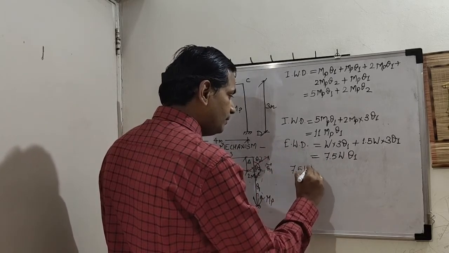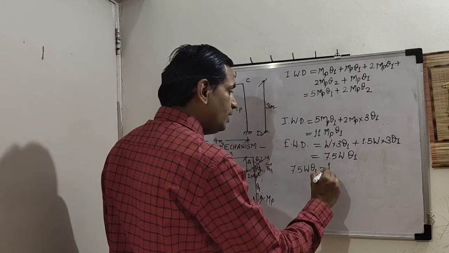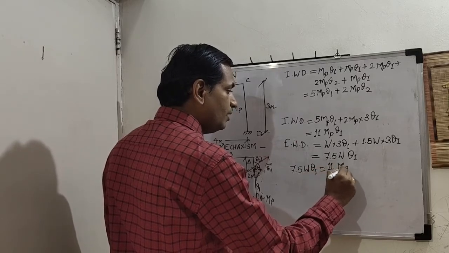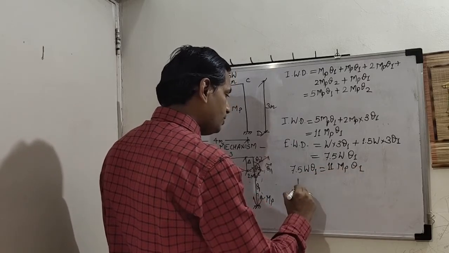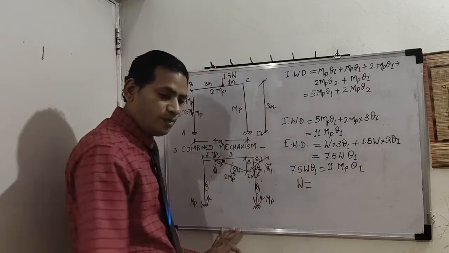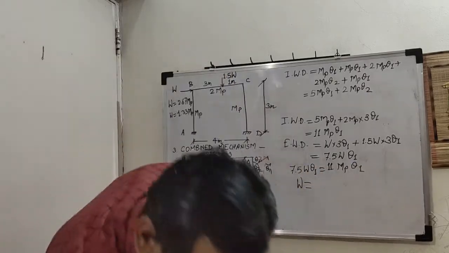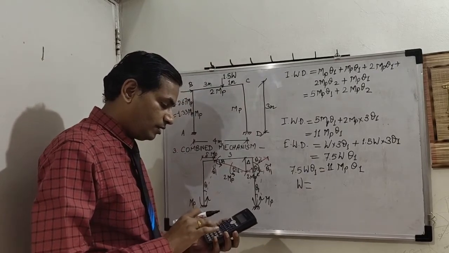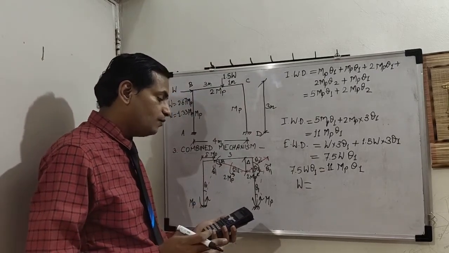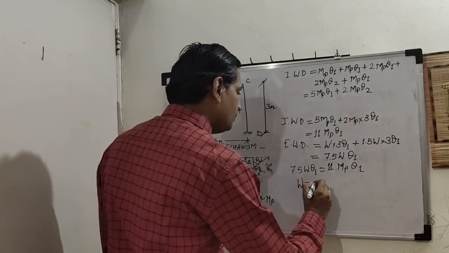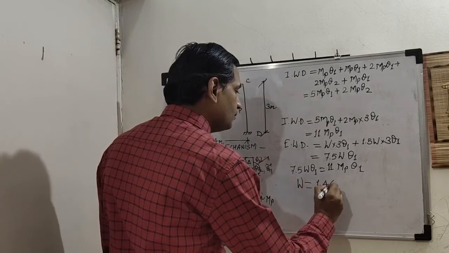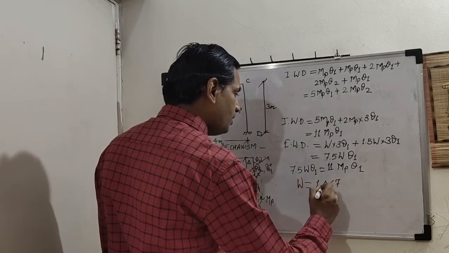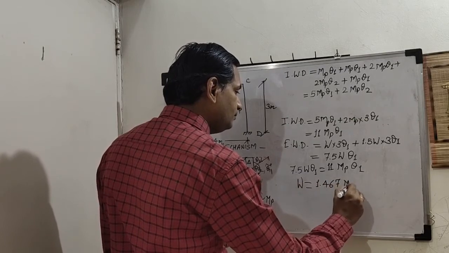7.5 W theta 1 is equal to 11 MP into theta 1. So what is W? 11 upon 7.5. Let us calculate. 11 upon 7.5 is 1.467 MP.